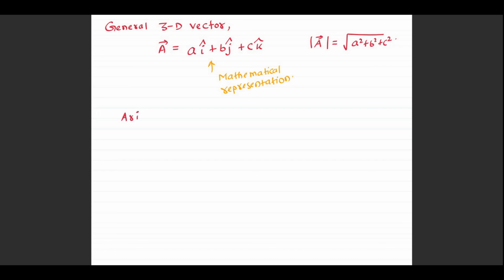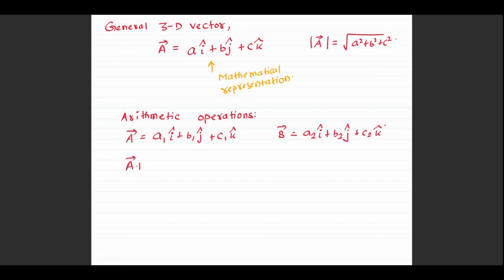How do I perform arithmetic operations of addition and subtraction in mathematical form? So in arithmetic operations, say I have two vectors A, which is a1 i cap plus b1 j cap plus c1 k cap, and there is another vector B which is a2 i cap plus b2 j cap plus c2 k cap.